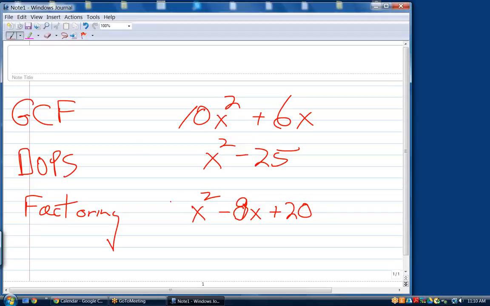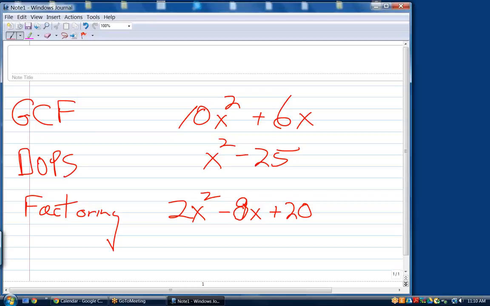This doesn't have an x, and this has a coefficient of 1. Now, if I stuck a 2 there, is there a greatest common factor now? Well, can 2 divide into that 2? Yes, it can.